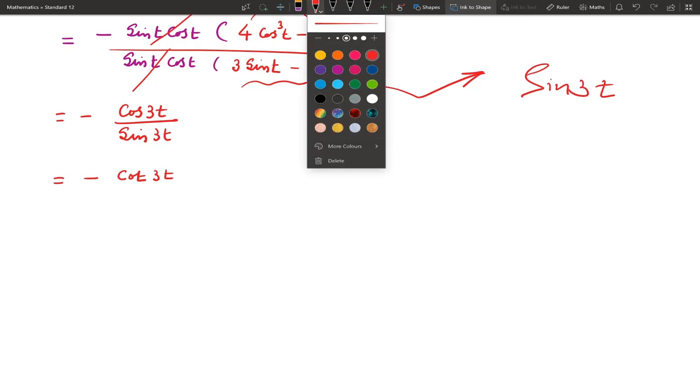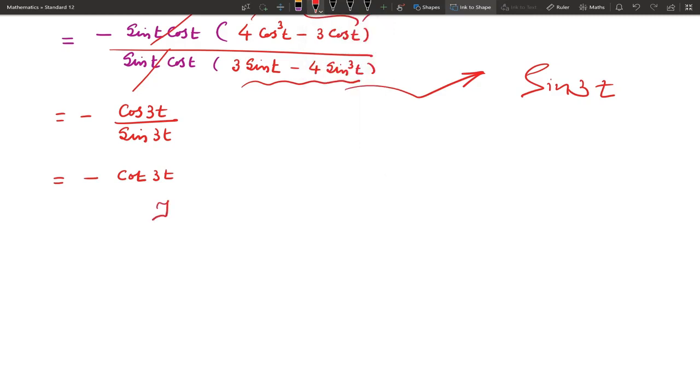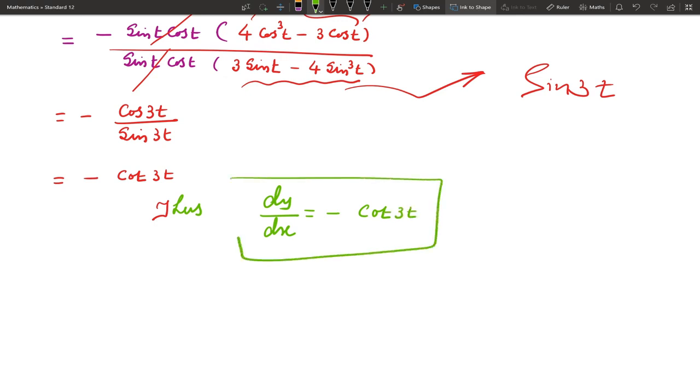Thus dy by dx equal to minus cot 3t. So this is the solution. Here you have to use the formulas of sin 2 theta, cos 2 theta, sin 3 theta and cos 3 theta to simplify dy by dx.